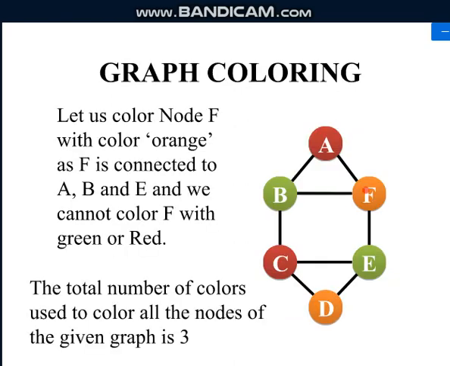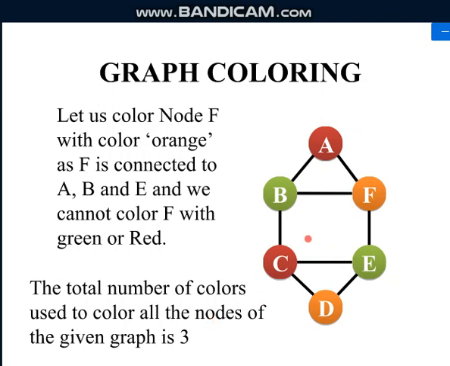So if we reach F, now if you check, B and E are colored with green, so you cannot color the node F with green. A is colored with red, you cannot color the node F with red because these are adjacent nodes for node F. So we colored this node F with orange.